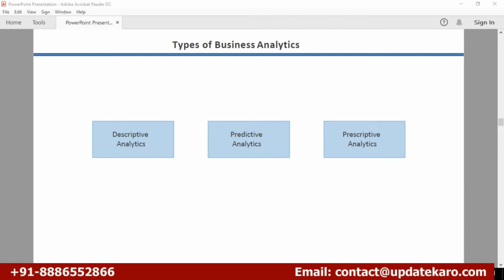There are many algorithms like linear regression, logistic regression, decision trees, random forest, k nearest neighbors, naive Bayes, AdaBoost, XGBoost, because we have many algorithms.